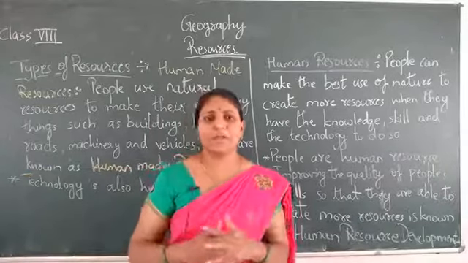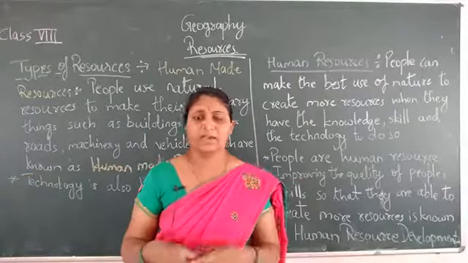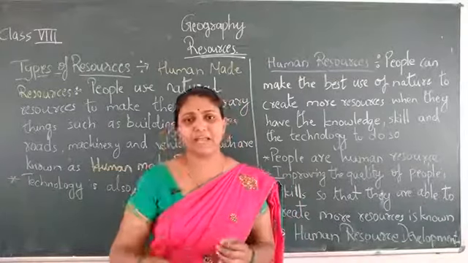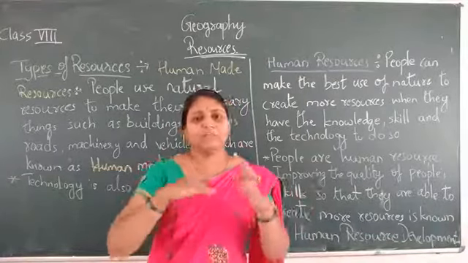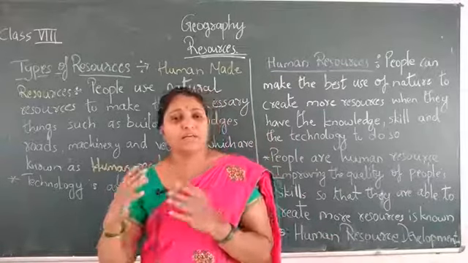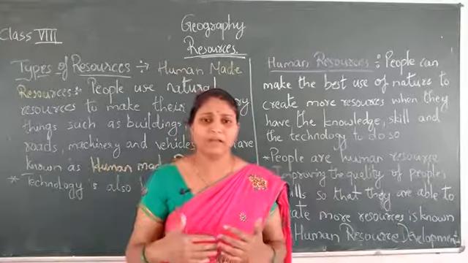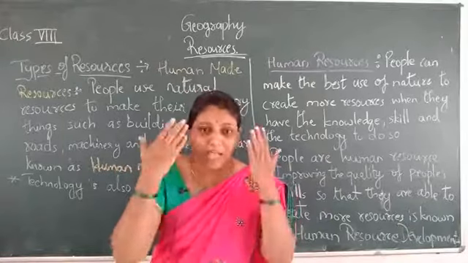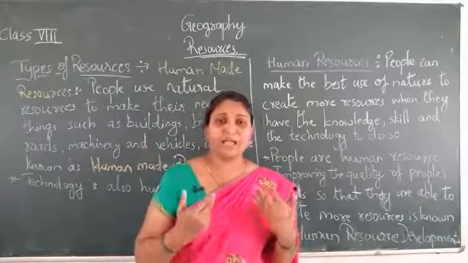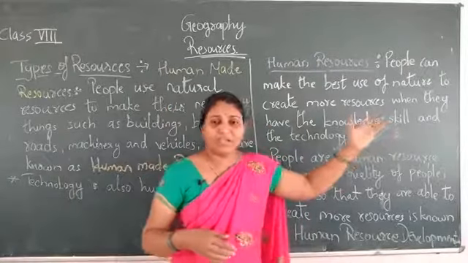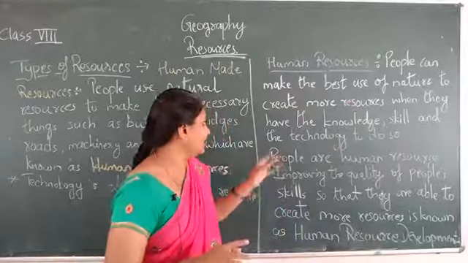Not only a farmer, take the tailor. A tailor is also a resource. A piece of cloth is designed, embroidered, and made into a beautiful dress, kurtas, all those things he makes with the help of his knowledge and skill and technology.